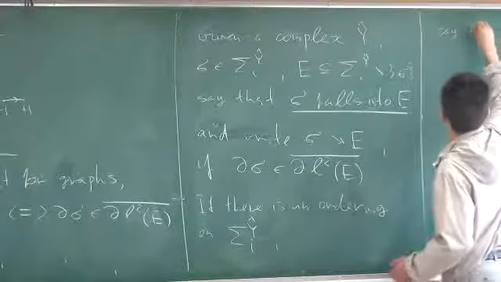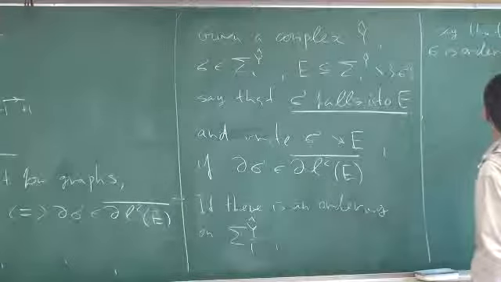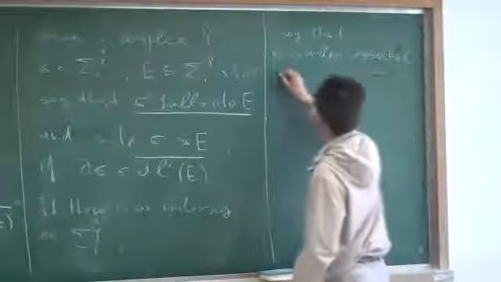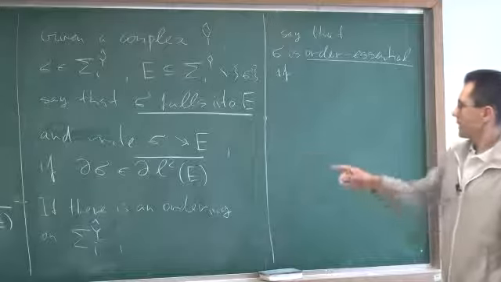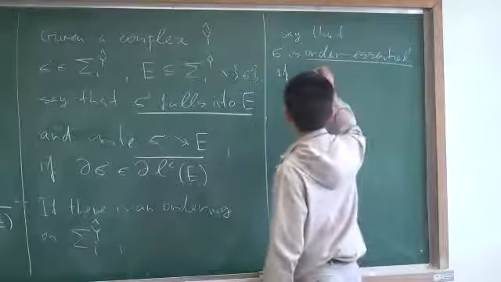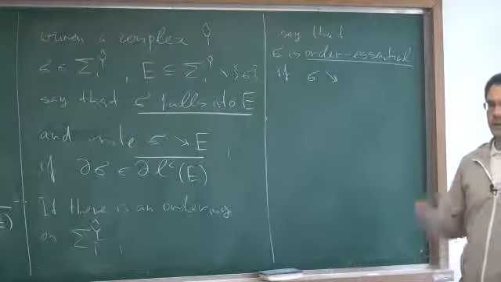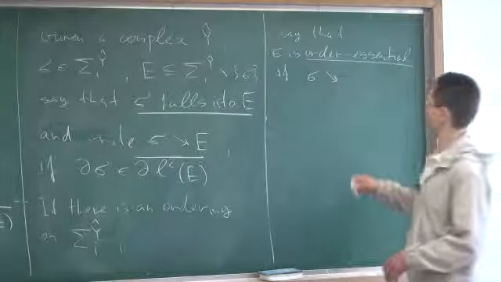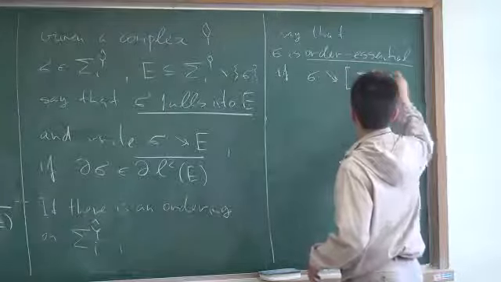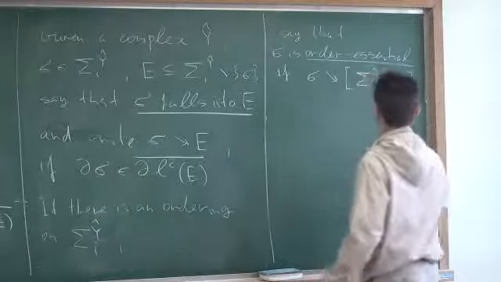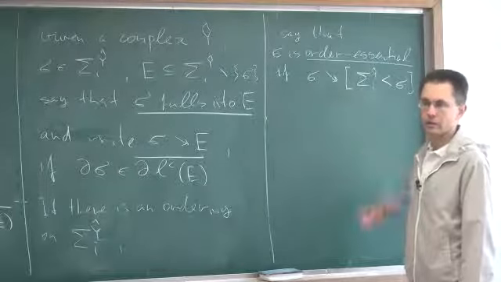Say that sigma is order essential if sigma falls into the set of all I-dimensional cells that are smaller than sigma with respect to the order. We had this notation: sigma I of y hat that are less than sigma. It's the set of all I-dimensional cells that are less than sigma, and you require sigma to fall into it.